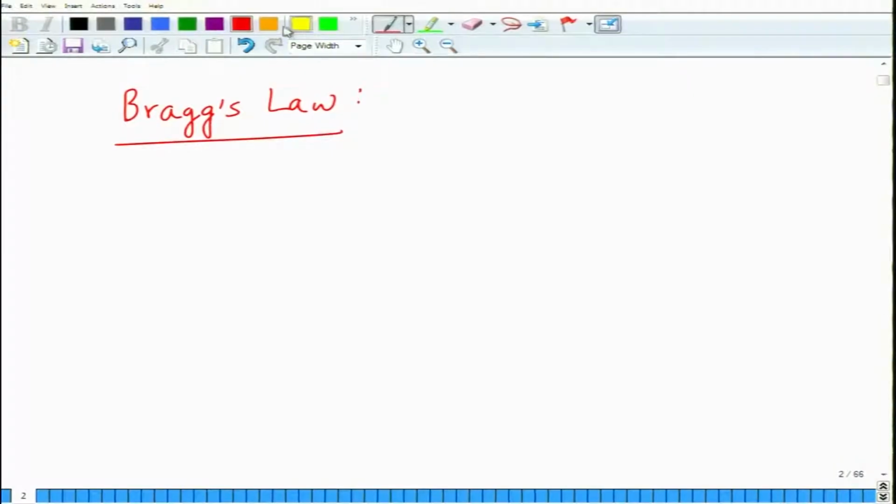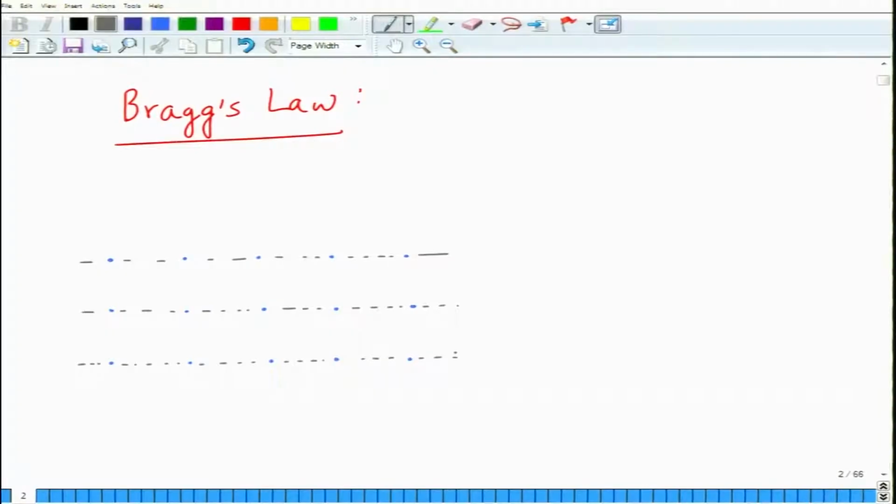Now for Bragg's law, you consider you have these parallel planes of atoms, so let us say this is a plane which is HKL. And the blue ones are the atoms.